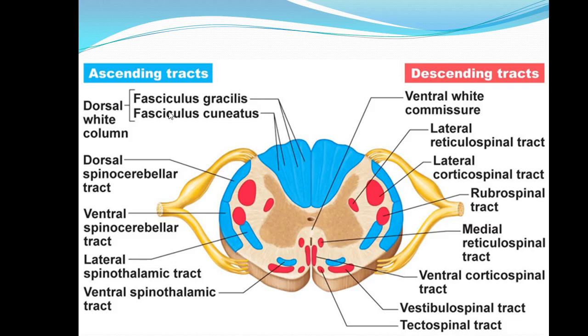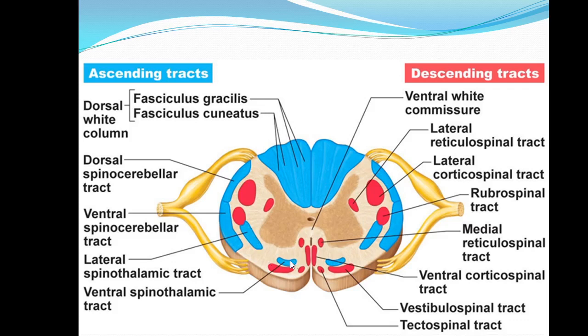Then here you can see the sensory tracts. In the posterior column, the fasciculus gracilis lies medially and the fasciculus cuneatus lies laterally. In the lateral column you can see the dorsal spinocerebellar tract, the ventral spinocerebellar tract, and the lateral spinothalamic tract.